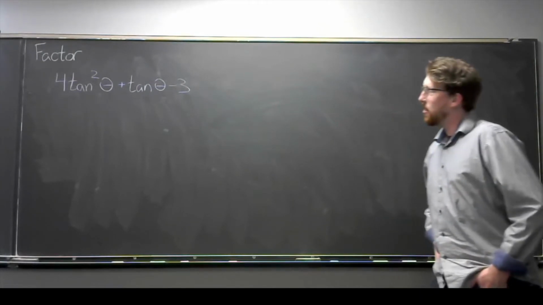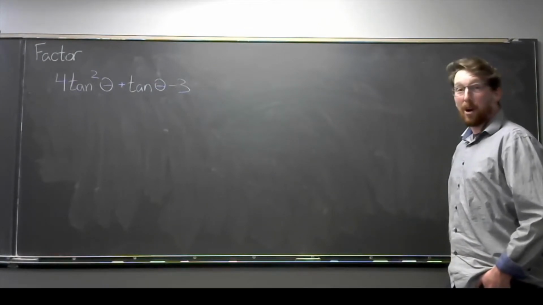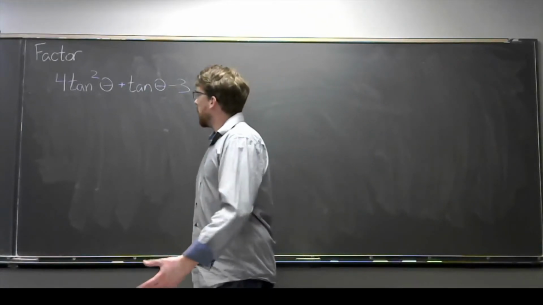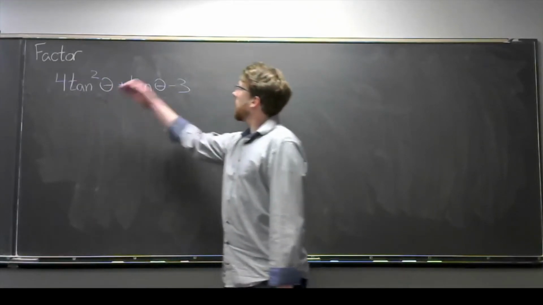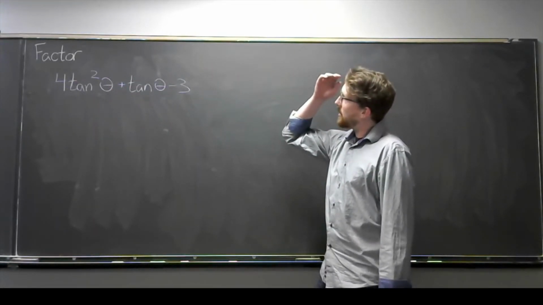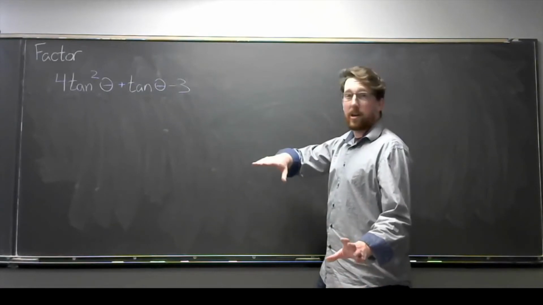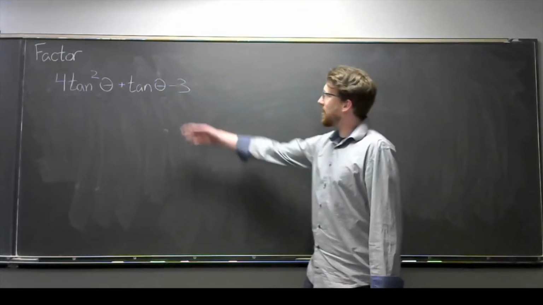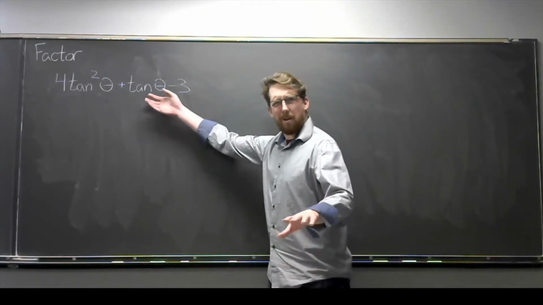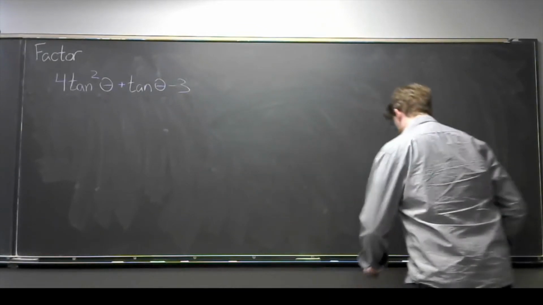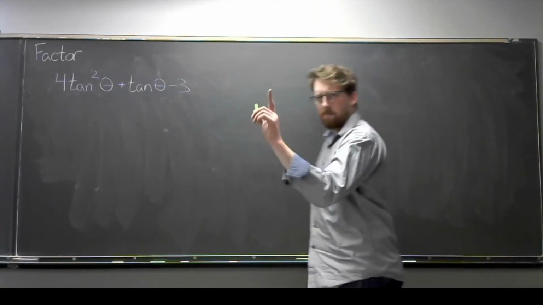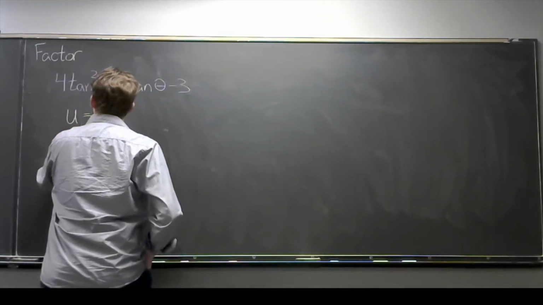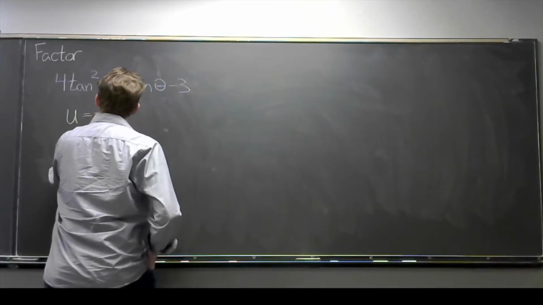Okay. So, for this problem, we're going to have to get a little creative. We're going to have to use our imagination a bit. We're going to have to look at this and say, if I tilt my head sideways and squint my eyes, this kind of looks a little bit like a polynomial, almost. If we were to say, stick with me here, let u be tangent theta.